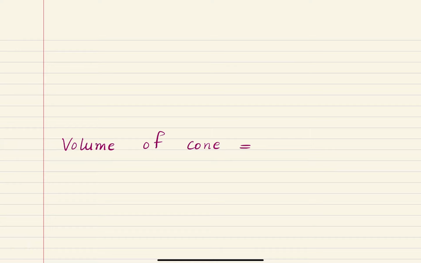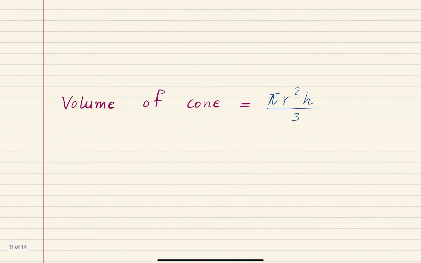The formula is pi r square h divided by 3, where pi is approximately 3.14, r is the radius and h is the height.